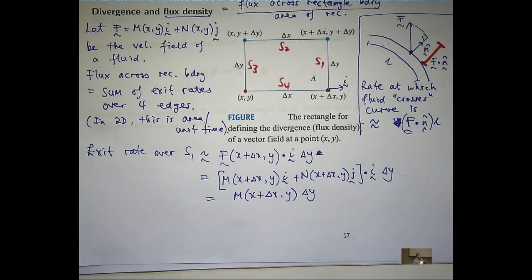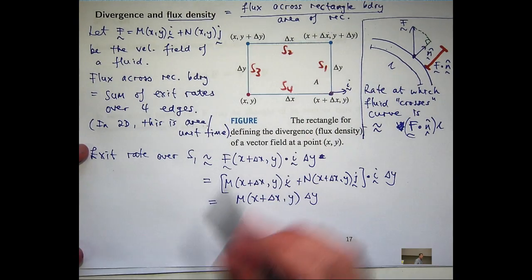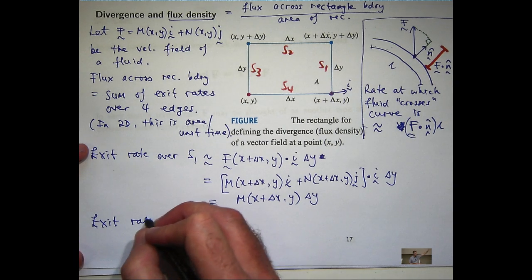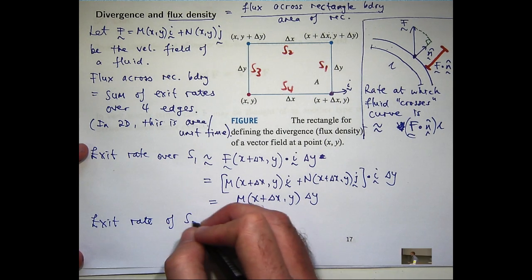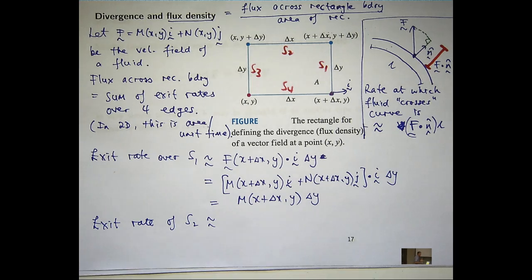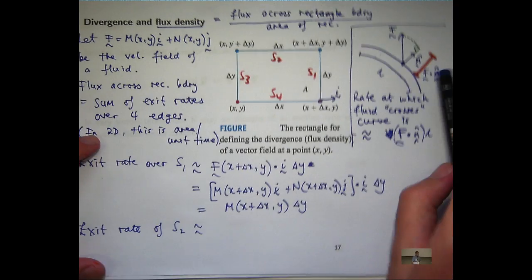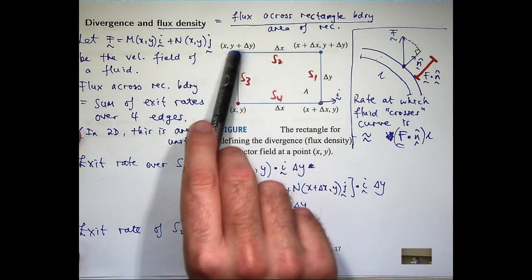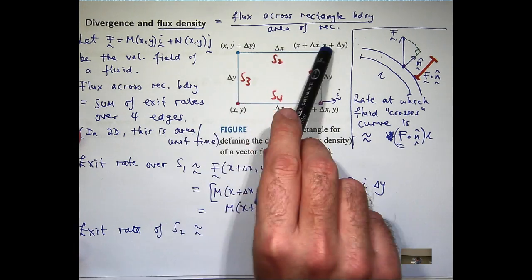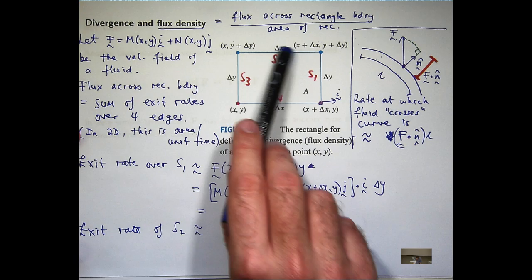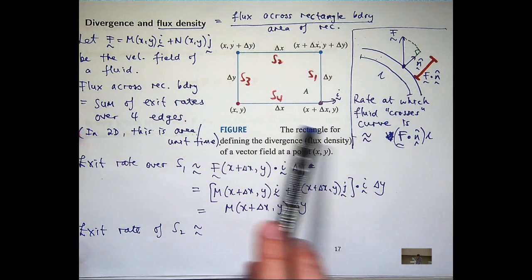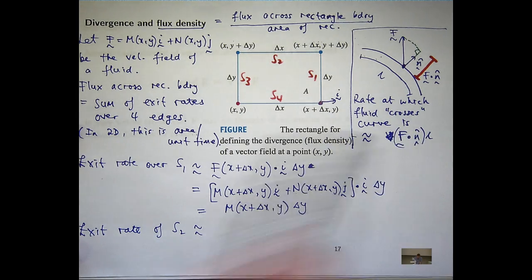Okay, so let's have a look at the exit rate, say, over S2 now. Okay, well, same thing again. We basically got to choose a sample point on this edge somewhere, find a unit normal pointing in the outward direction, take the dot product and multiply by the length.